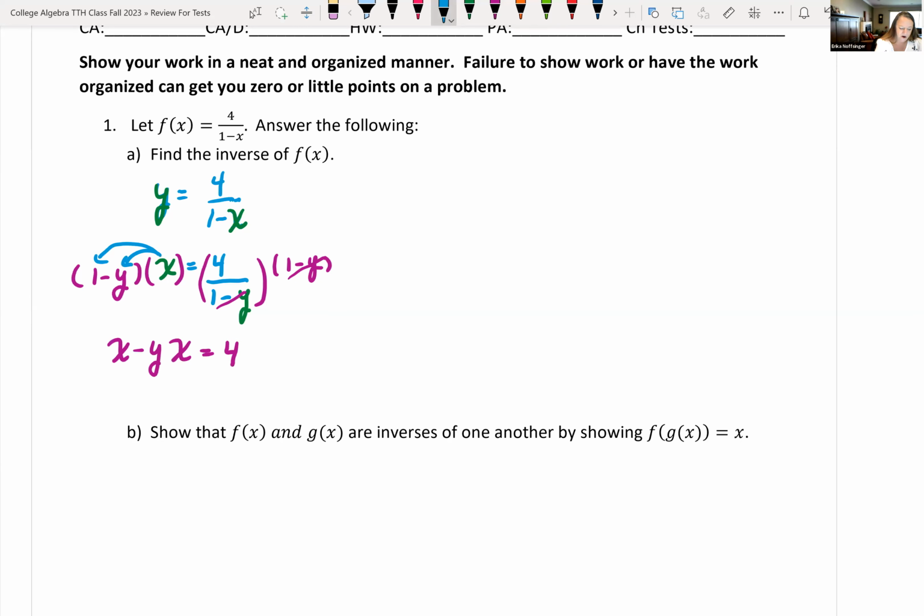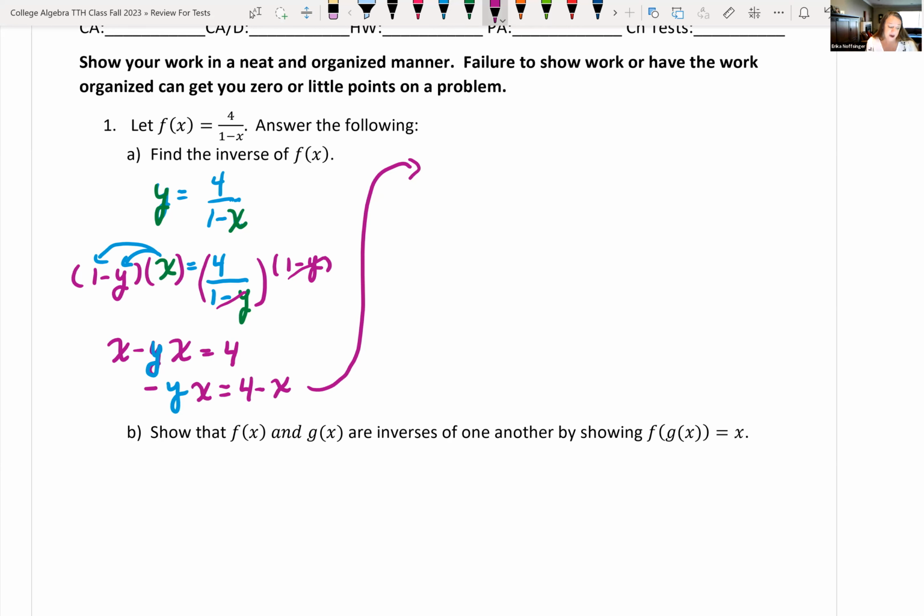So again, our goal is to solve for y. And so we want to isolate the term that has y in it, or terms if there were more than one term. So let's subtract x on both sides of that equation. And doing so, we would be left with a negative y times x is equal to 4 minus x.